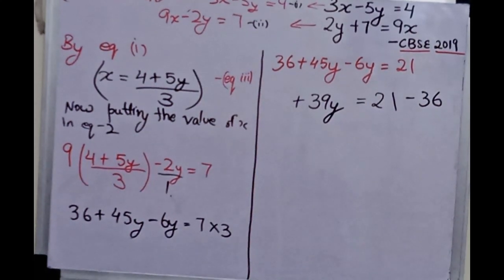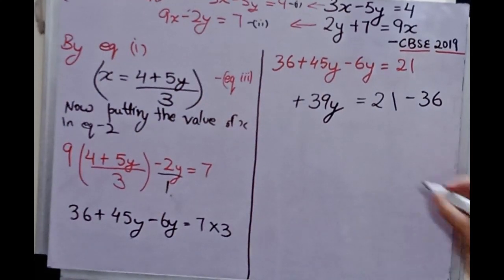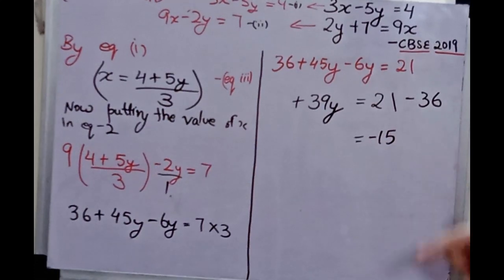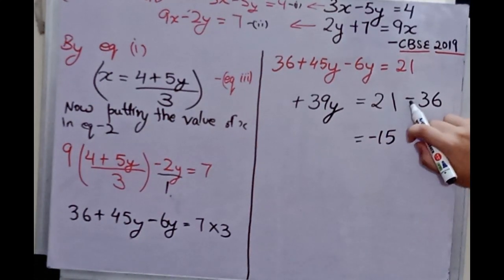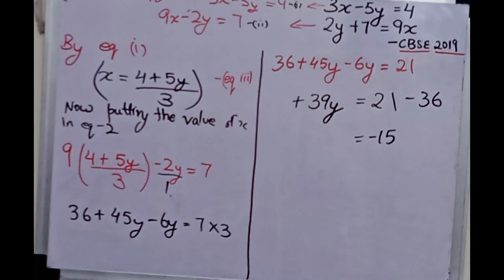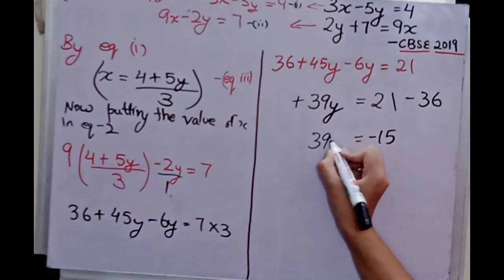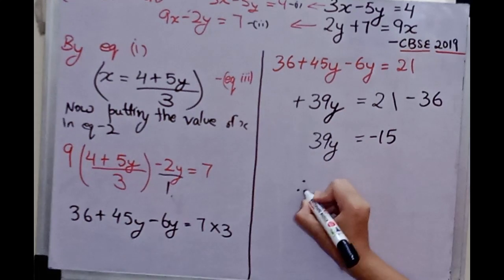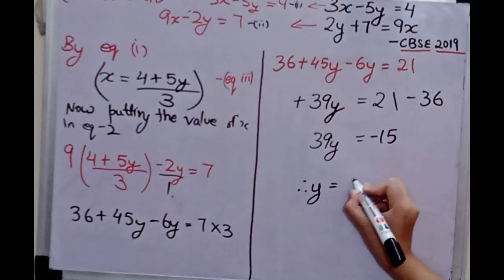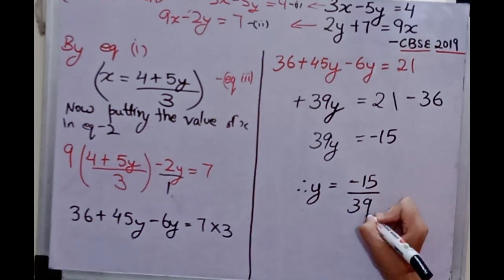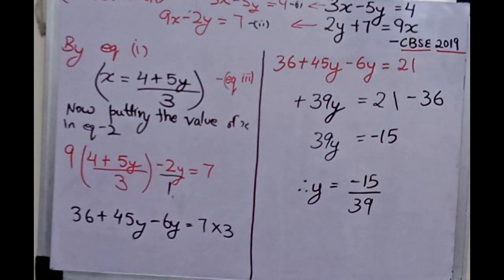We can simply subtract 21 minus 36. It will give us minus 15. Why the minus sign? Because the greater number has the sign of minus, like in subtraction. And here it is 39y. Therefore, y is equal to minus 15 by 39. Now we can solve it.